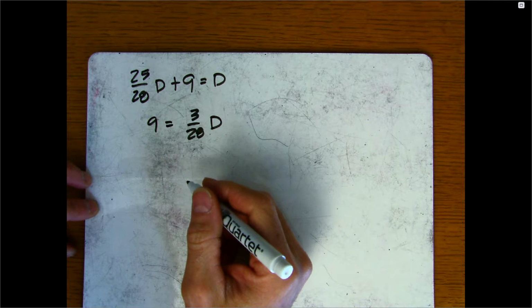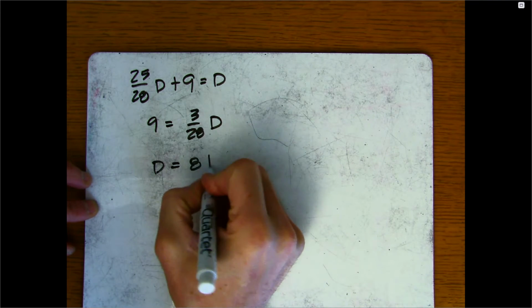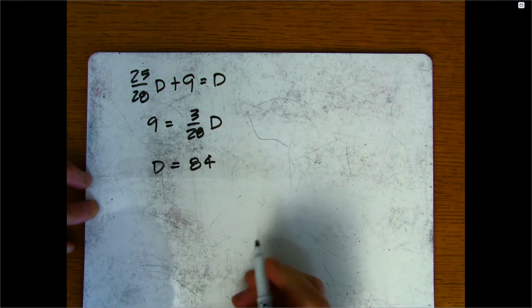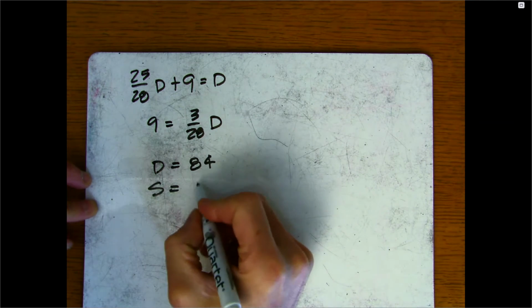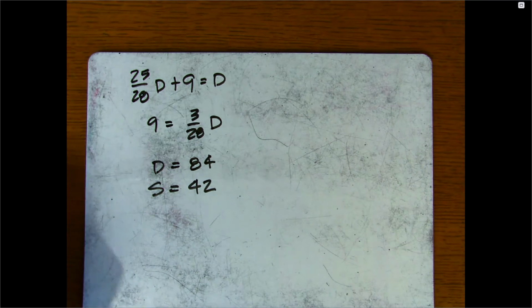So what do we get for D? D is going to be 84 then. So that's Diophantus's age, and the son's going to be half that, so 42. Kind of a fun problem.